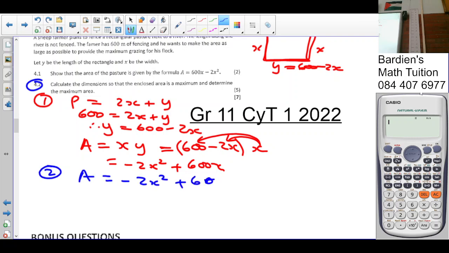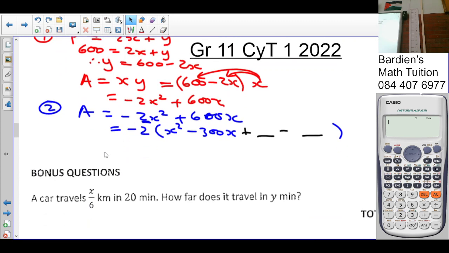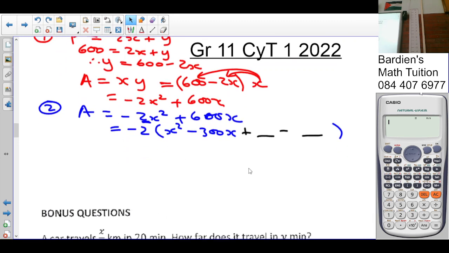So what's the first thing we need to do? You take out negative 2 as a common factor, whatever number's in front. So I'm left with x squared minus 300x. So we ask ourselves what must we add here to complete the square, and subtract exactly the same number. Okay? So what is the number that must be added here?